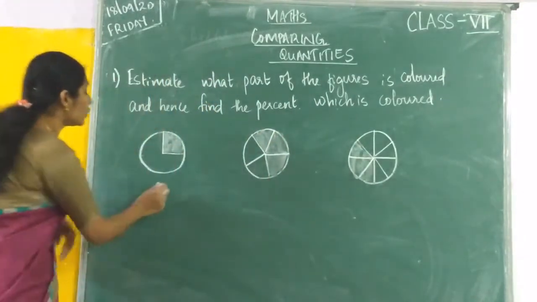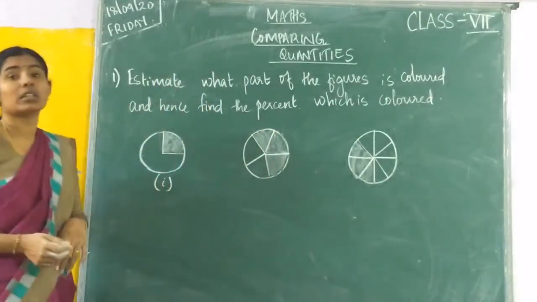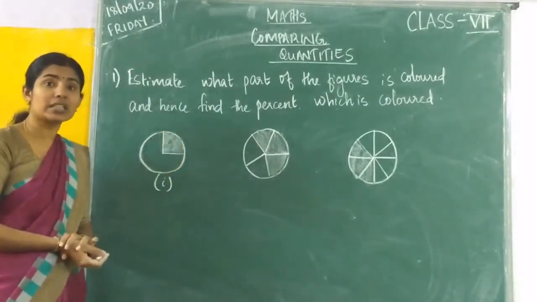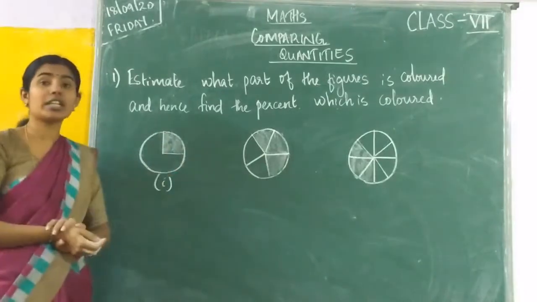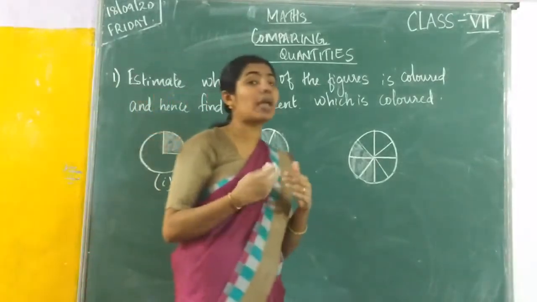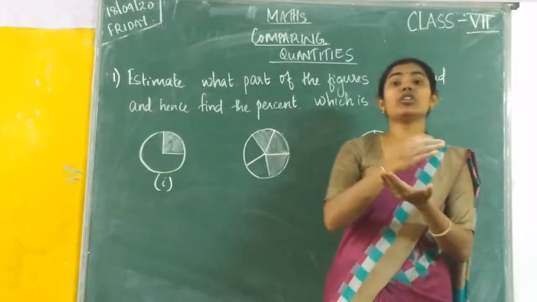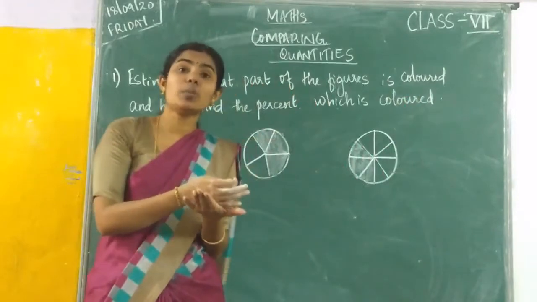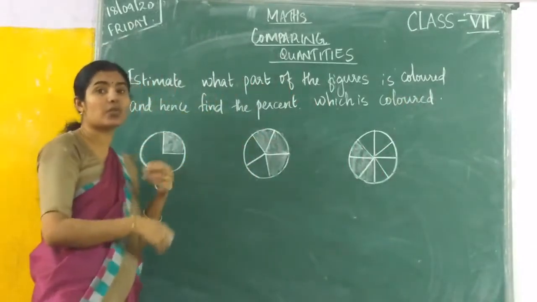Let me see the first figure. Only one part is shaded, isn't it? But first of all, you should divide it into equal parts. Fraction, how you are studying? When you are dividing into equal parts, then only you should find its fraction.